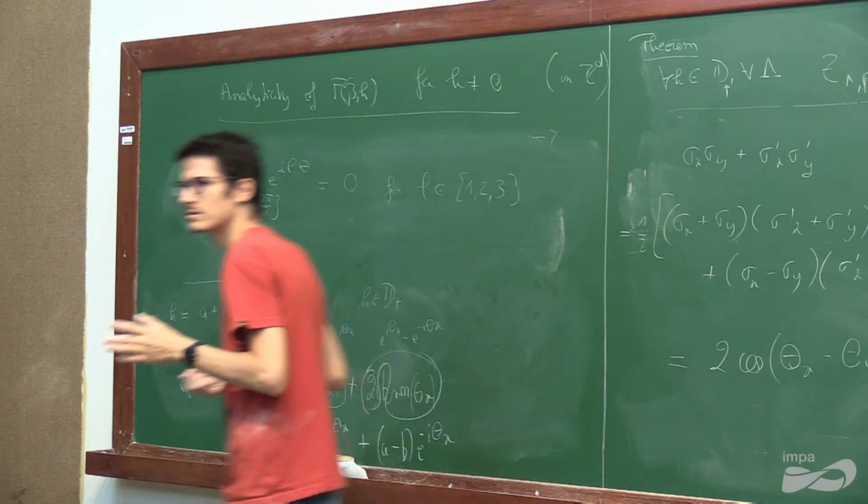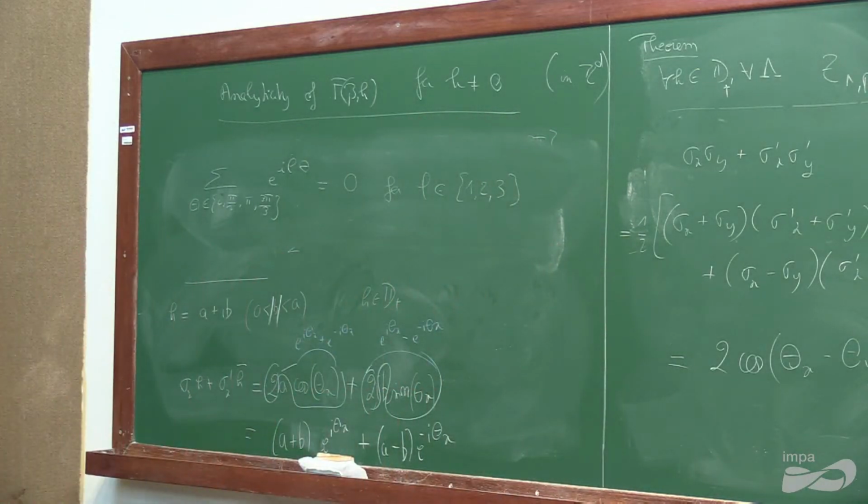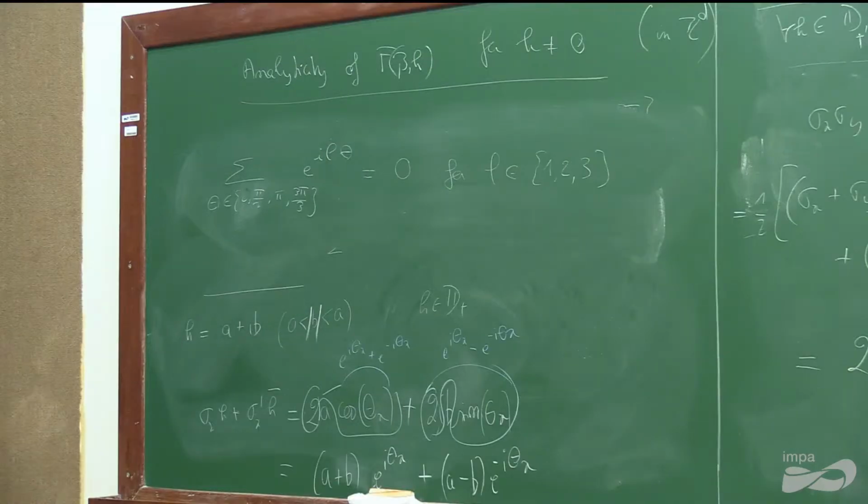For L equal 1 or 3, you're just summing 1, i, minus 1 and minus i, and for L equal 2, you're just summing 1, minus 1, 1, and minus 1. So each time you get 0.